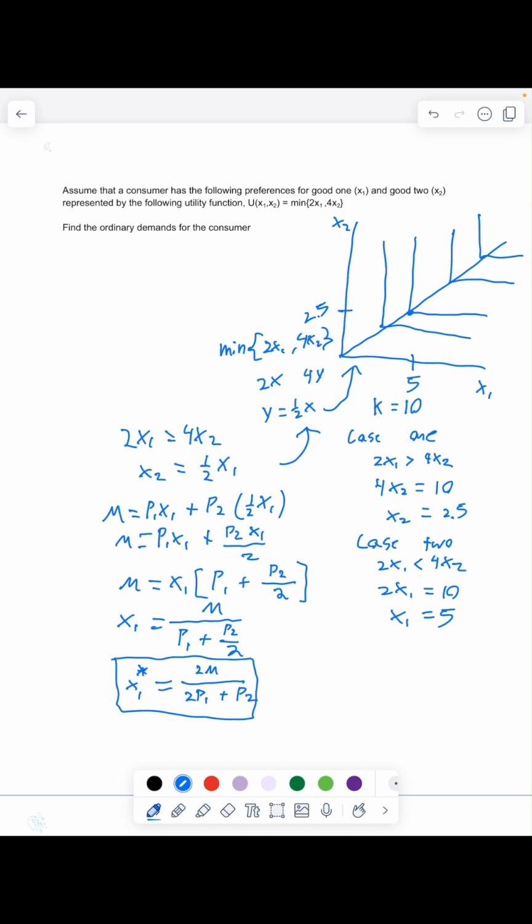For the second one, we have this equation here, x2 equals 1/2 of x1. So all we're going to do to find our x2 is take 1/2 and distribute that to our first ordinary demand.